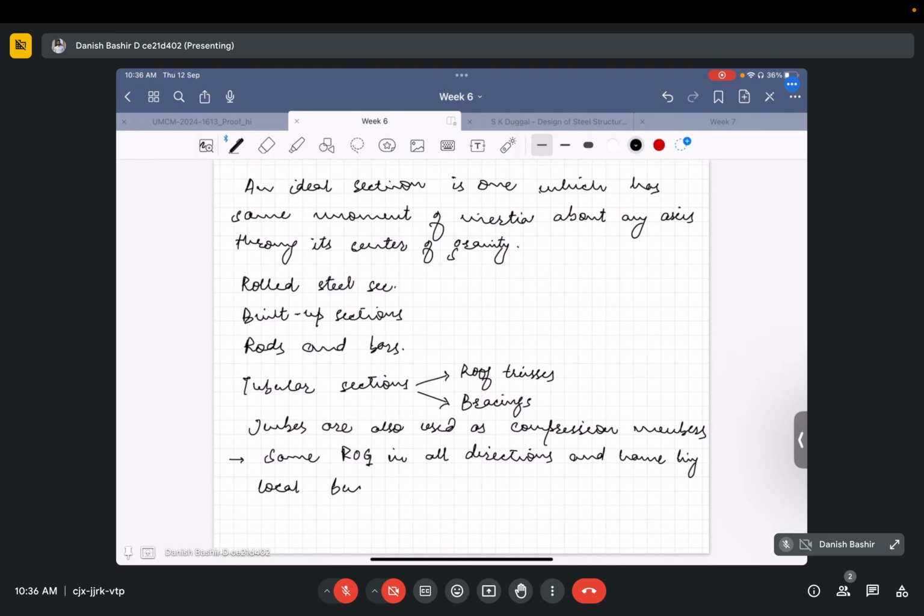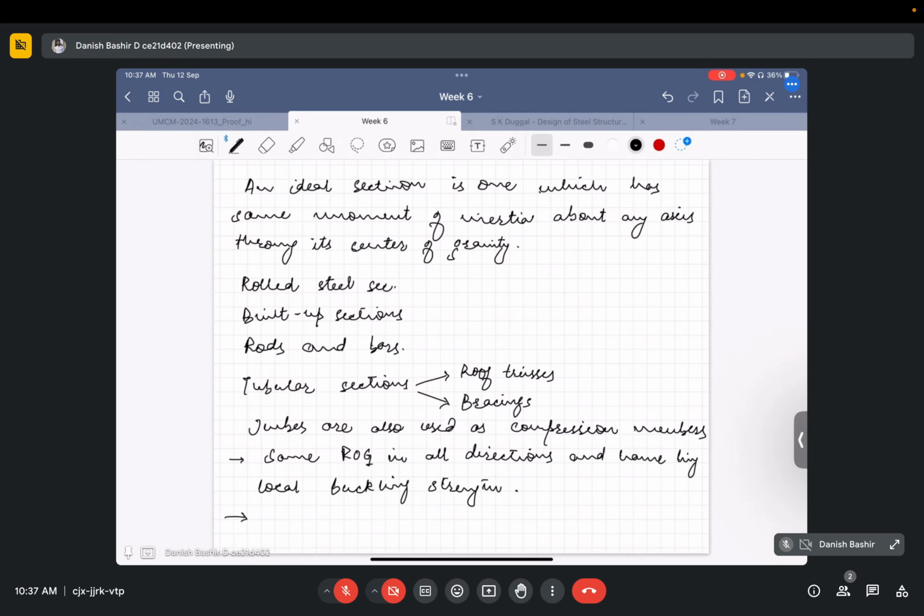One more thing, you might have studied in mechanics of materials that tubular sections have more torsional resistance than solid sections.